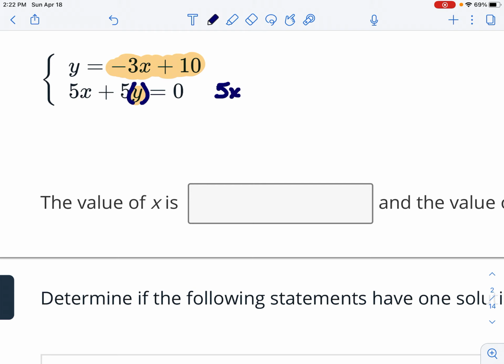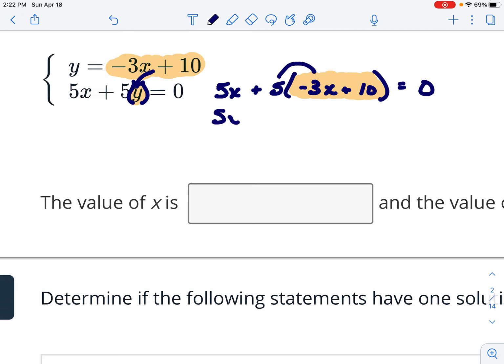So I'm going to write 5x plus 5y equals 0. But again, I won't be writing the y in parentheses. I will write what y is equal to. So I'm just plugging this in for y. And then I have to solve all the stuff that's left.